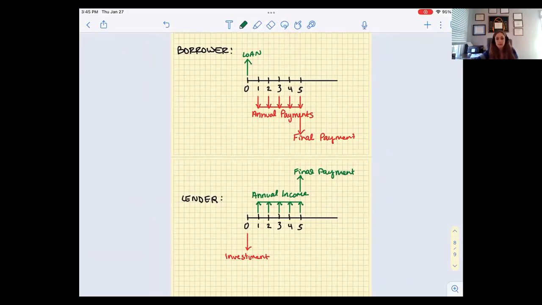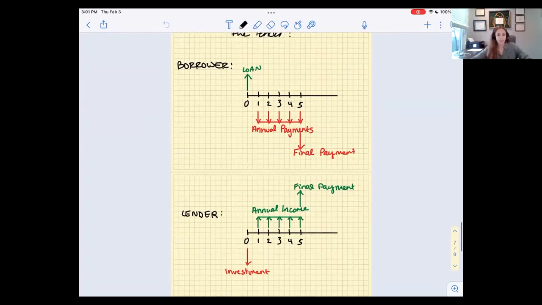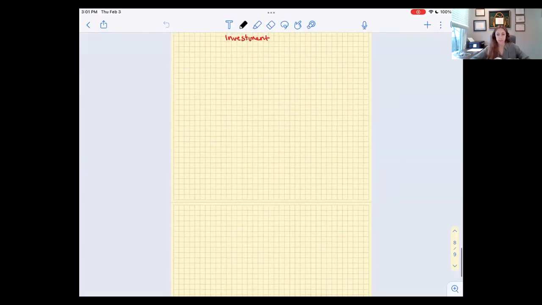See the difference? Big difference. It depends who you are, what perspective you have. It definitely changes things, right? Your costs become your benefits and vice versa. Okay, so that's where we left off.